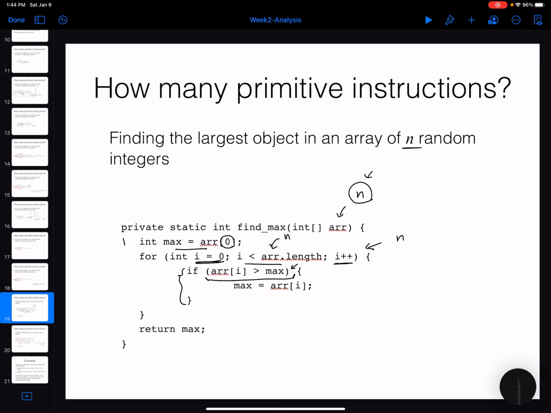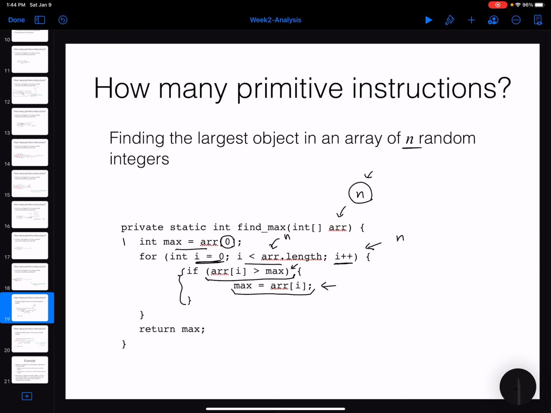And in each iteration of the loop, definitely this comparison will be executed. But how about this line? This line is only going to be executed whenever you see a new maximum item. So if your items have been sorted in increasing order, each next index that you check is going to be bigger. So the execution of this line will depend on how the numbers have been stored in your array.